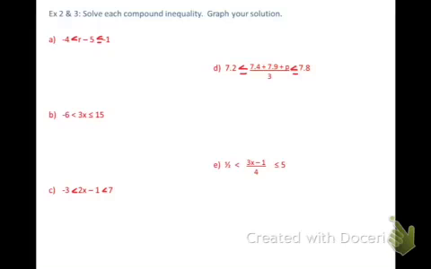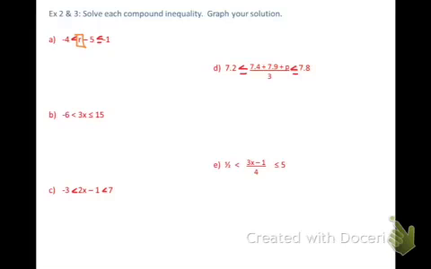Alright, so now we're going to get the variable by itself. We leave the variable where it's located. It's the same idea as our multi-step equations. You start with the middle and you're trying to get that variable by itself. So we need to get rid of whatever's in the middle besides the variable. And so minus 5 is attached to r.